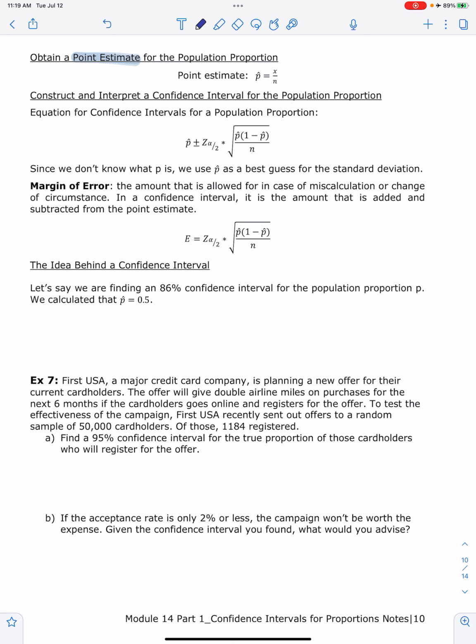Again, we are talking about proportions. So our point estimate is p hat. Just a reminder, that is our sample proportion.